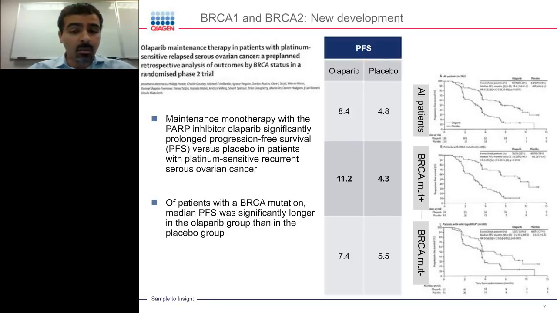This indicates that mutations specifically in BRCA1 and BRCA2, which are tumor suppressor genes involved in the DNA repair machinery, allow those patients to respond more favorably to inhibitors of PARP.